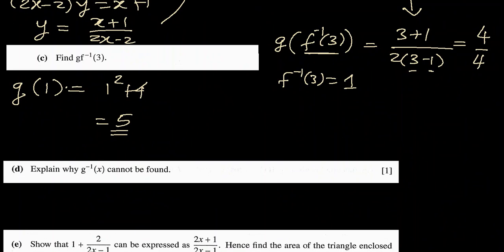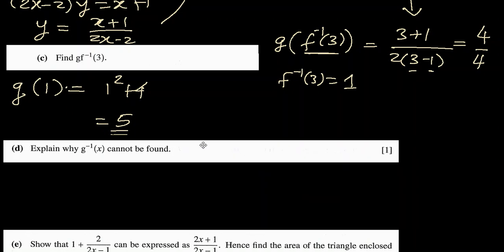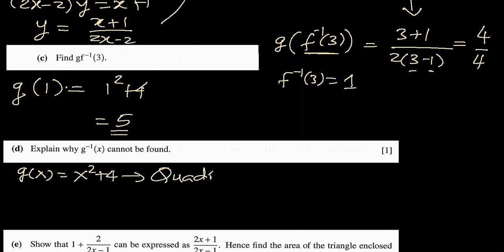Explain why g inverse x cannot be found. We can't find g inverse x. What is g(x)? g(x) is x squared plus 4. It's a quadratic, right? And if I draw the graph of x squared plus 4, it is something like this, plus 4 means it has gone up by 4.